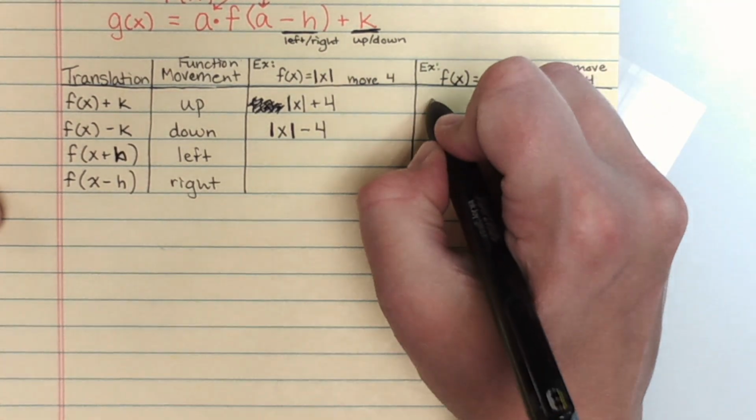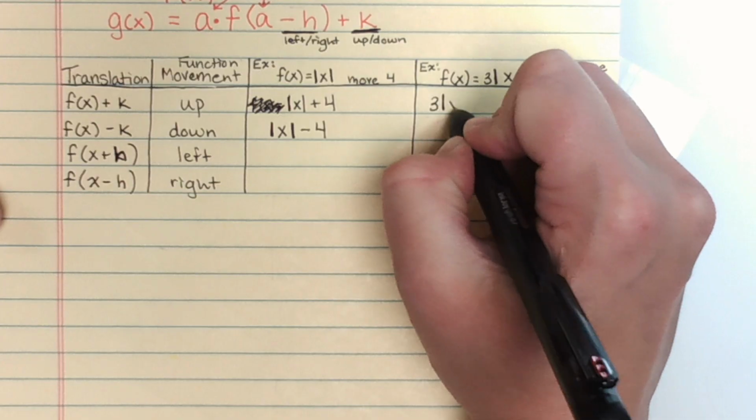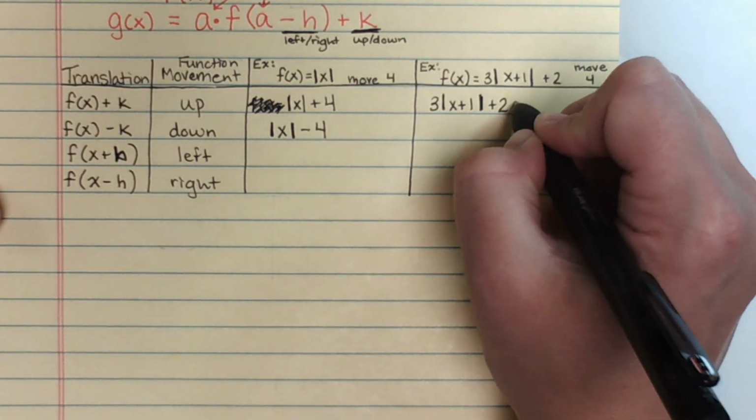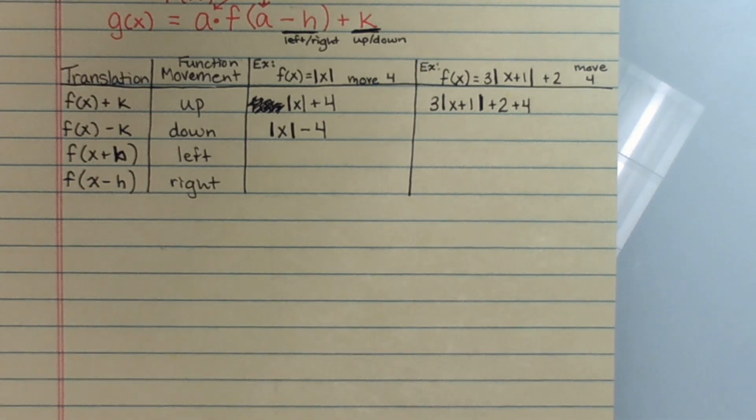Because my original function was now 3 absolute value of x plus 1 plus 2, and now I'm adding 4 to it. And I simplify it, if possible. This is similar to the 4th problem in our warm-up.